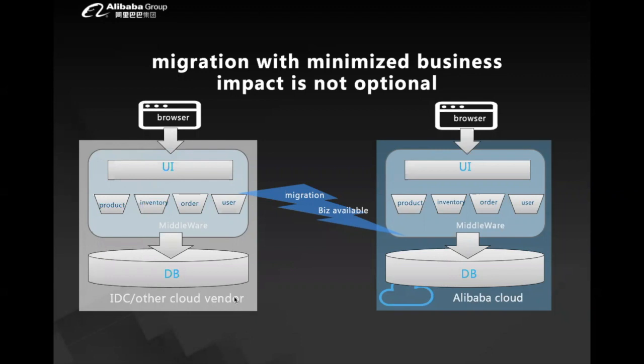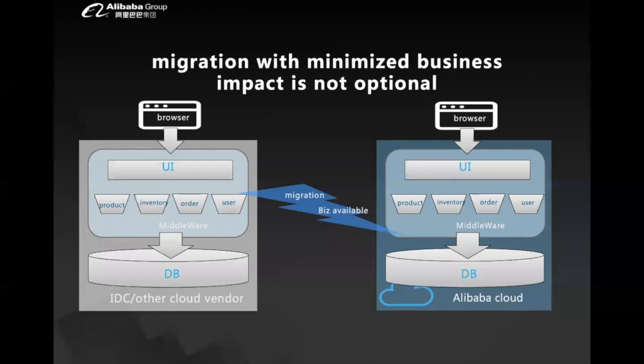Step number one, I want to migrate my database to Alibaba Cloud, and then quickly point my business applications to the new database with maybe just a switching time of a few seconds. Within a few seconds, I'm able to have my business live and pointing to my target database on Alibaba Cloud. That's step number one.